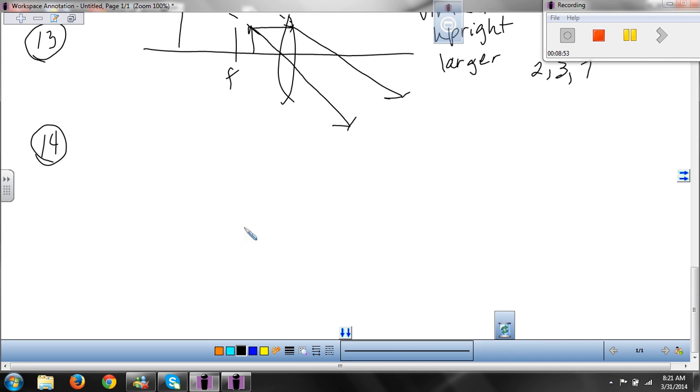It says on 14, as a beam of light travels from one medium to the next, the light ray is refracted or bent. How do you know which way the light ray bends in relationship to the normal? Okay, so if it goes from more dense to less dense, it goes away from the normal.